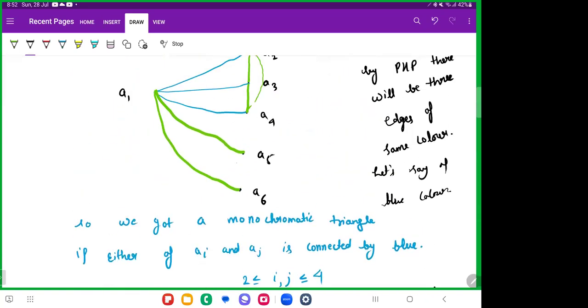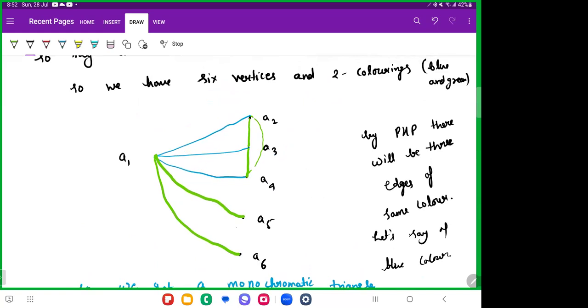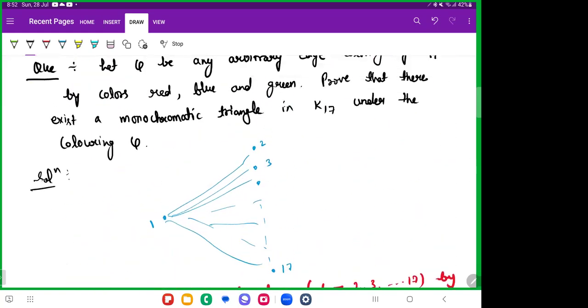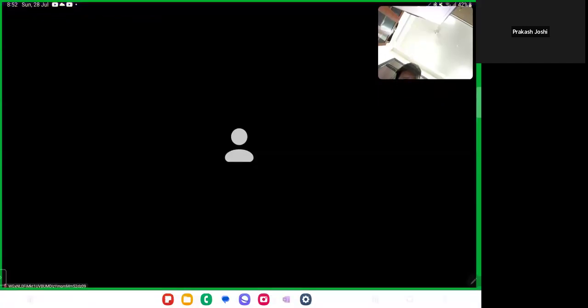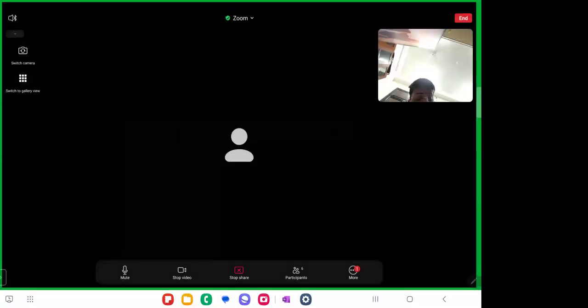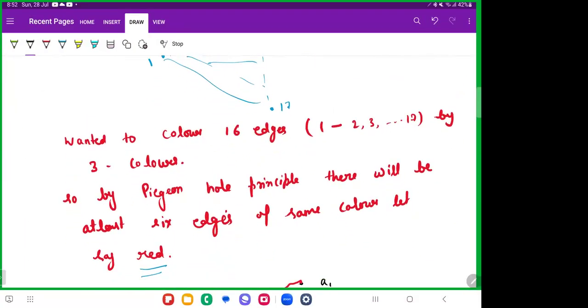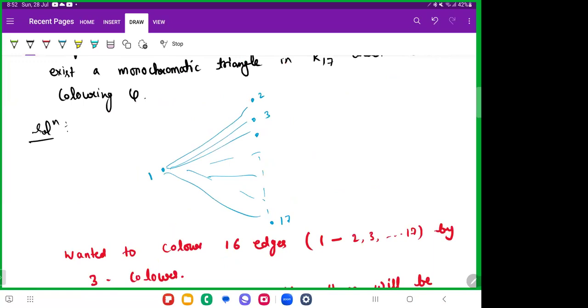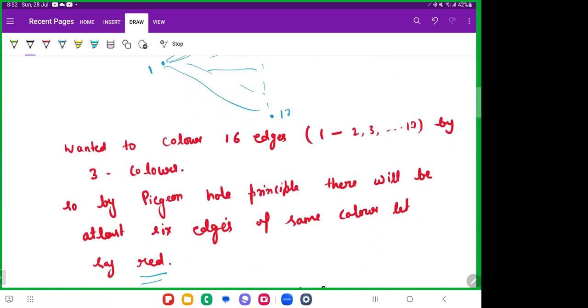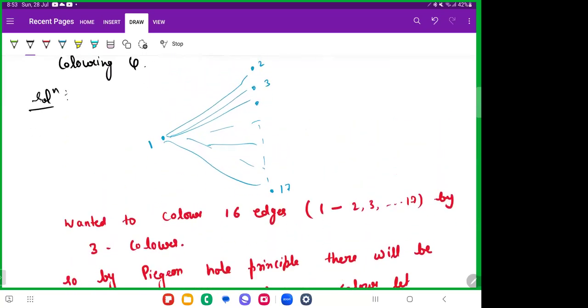So yes, any doubt in this one? Is it clear? So in the first step, we connect one vertex with the remaining 16 using three colors.